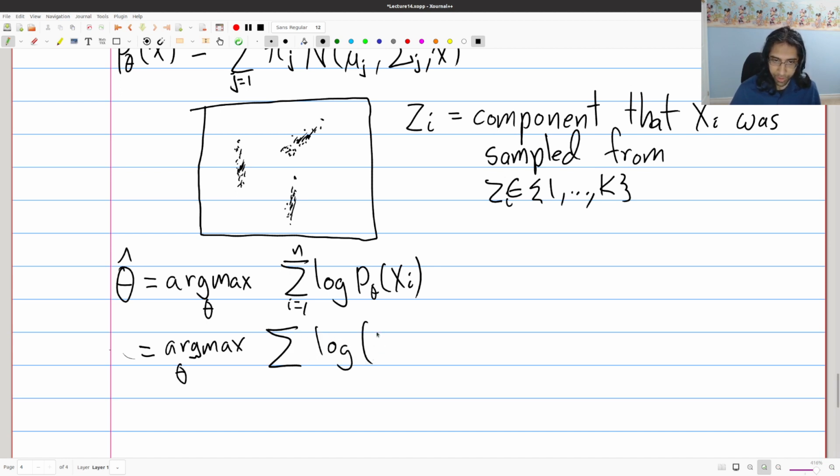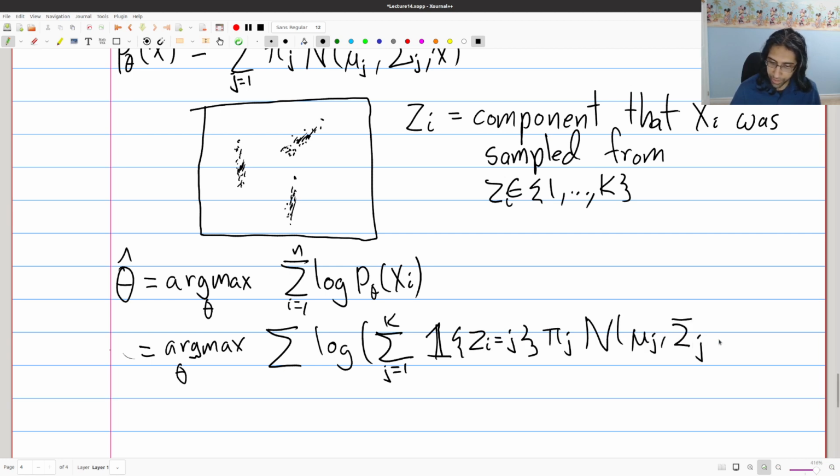I'm going to skip writing the index sometimes when it's implicit. But sum here from j equals 1 through k. And here we put an indicator for the case where z_i is equal to j, times pi_j times the Gaussian N(mu_j, sigma_j) evaluated at x_i, and then close the paren. Essentially, what am I doing here? I'm saying that this is the density.